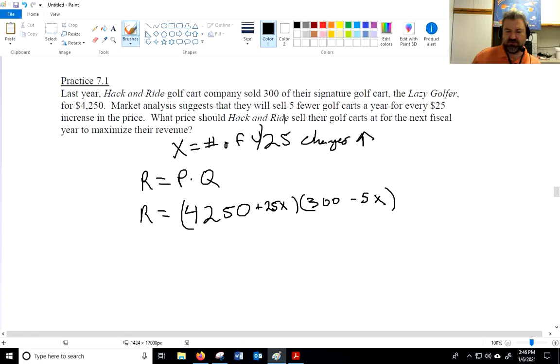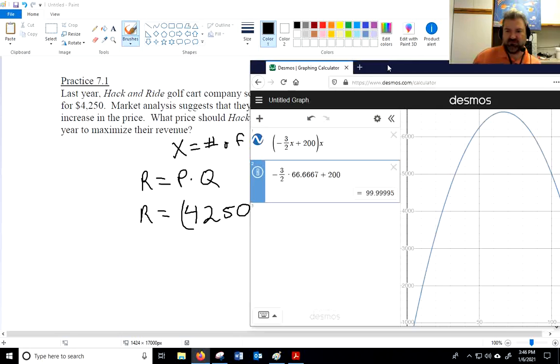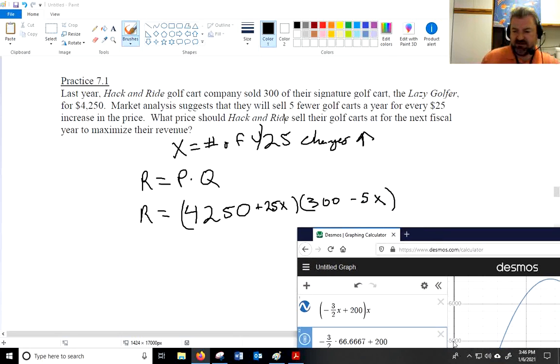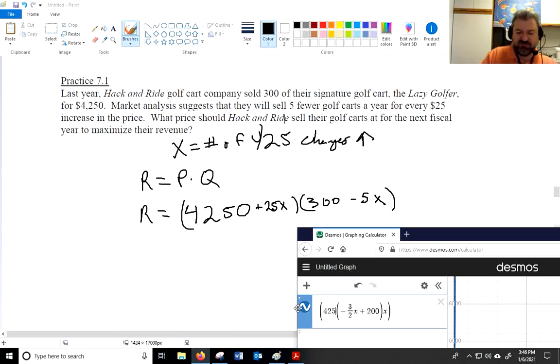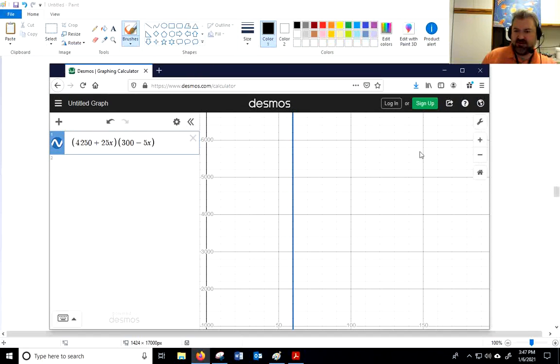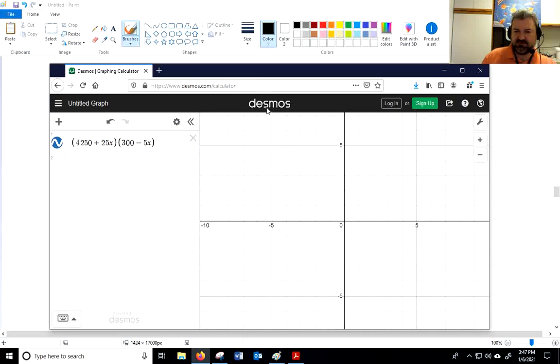Let's see which one of those values is associated with the best outcome for us. So 4250 plus 25x times 300 minus 5x. All right, so I'm going to go back to this kind of standard looking thing.